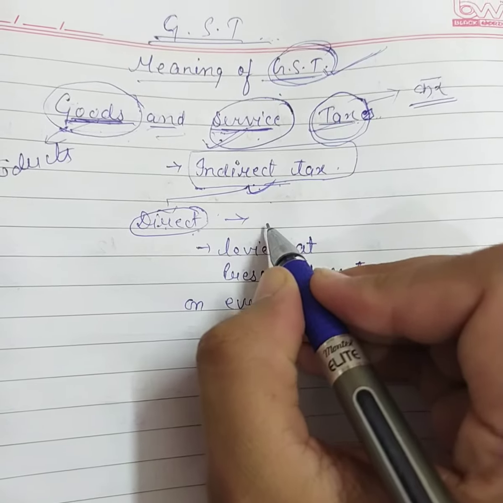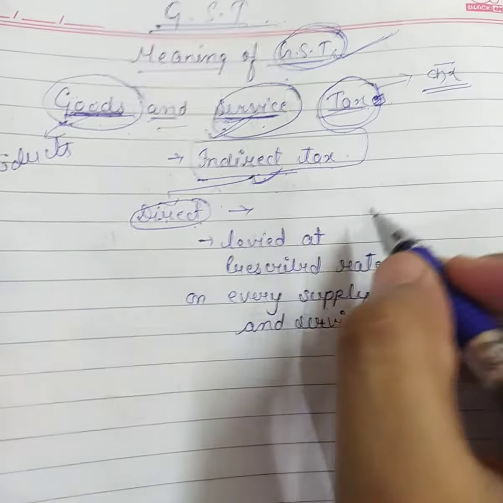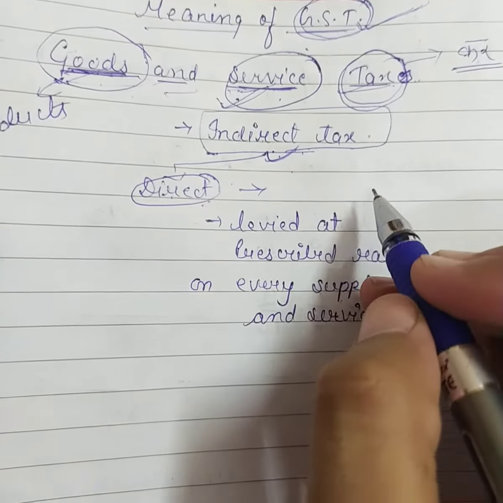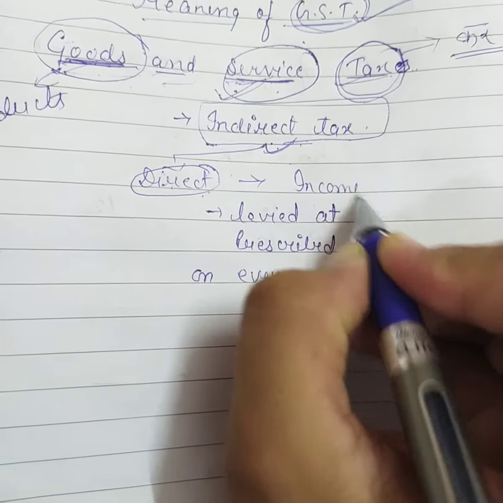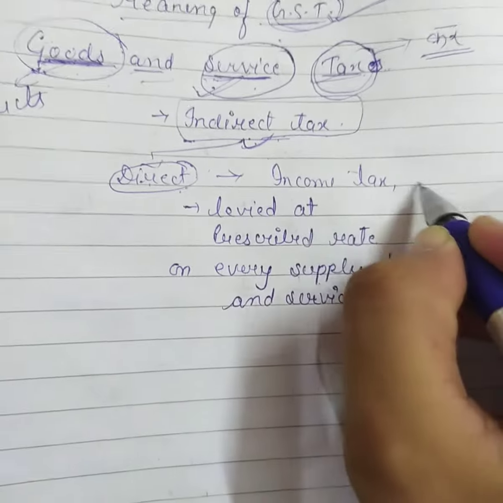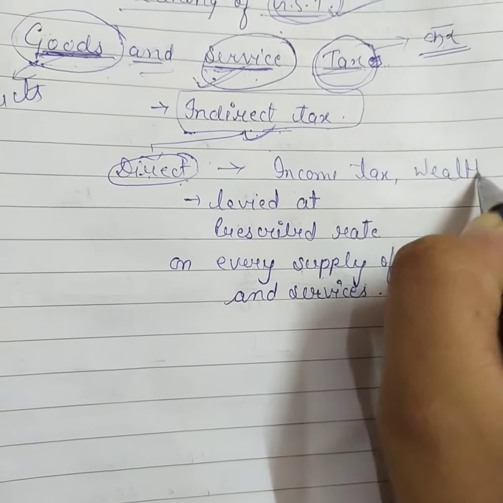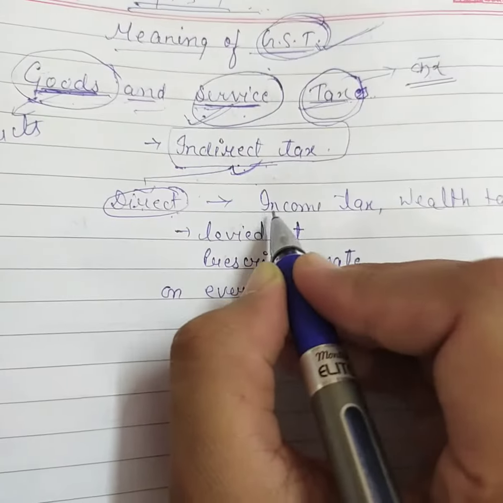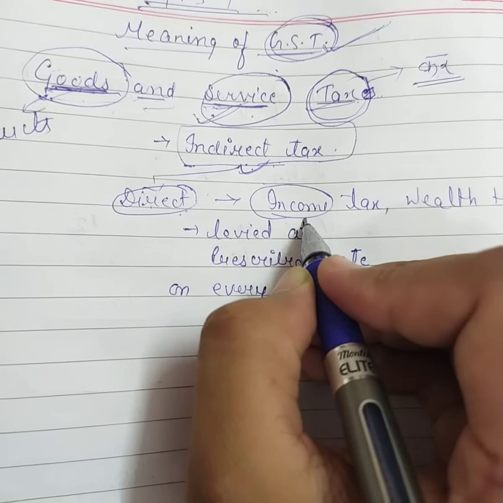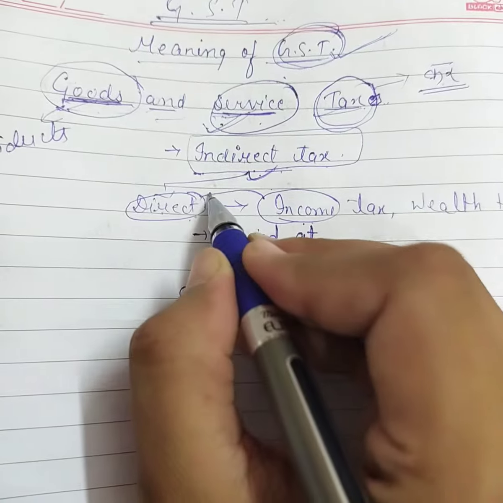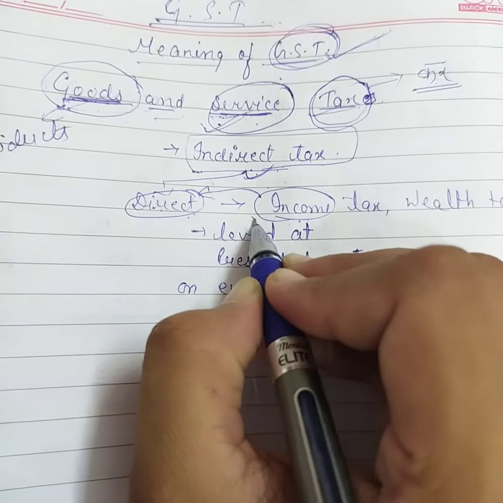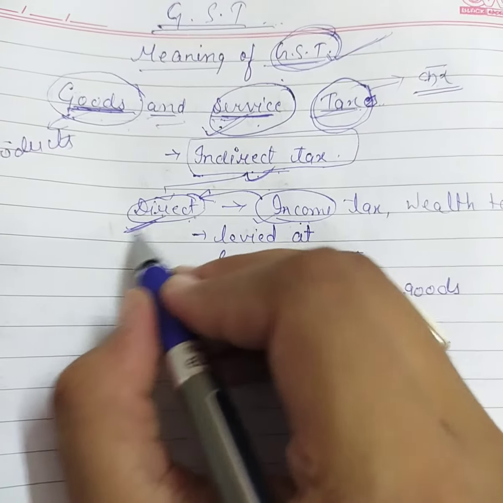Okay, it is directly charged to the person who is liable to pay the tax. For example, income tax, wealth tax, because it is directly imposed on the income of that person, and only that person will pay the tax of his income, and that is called direct tax.